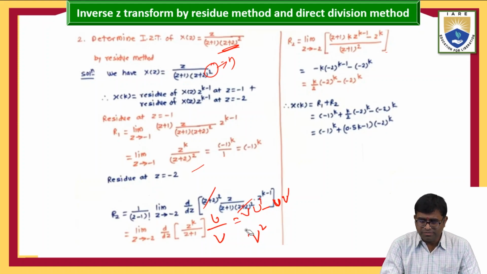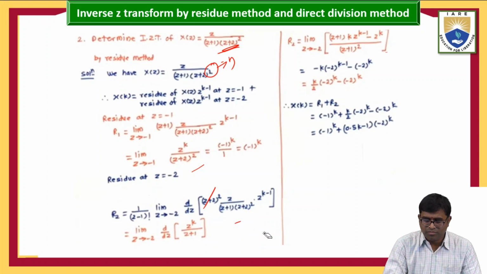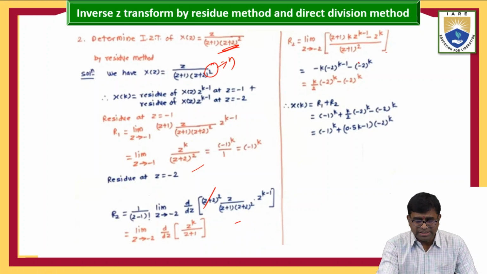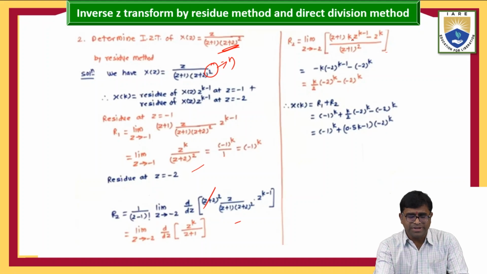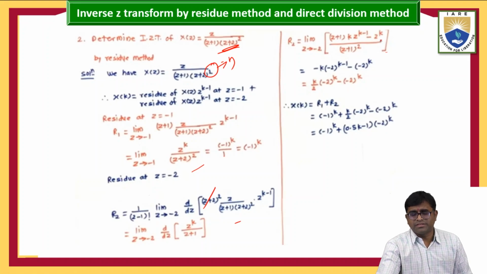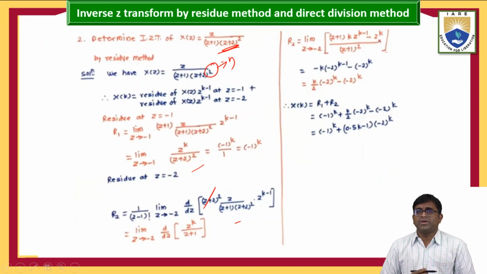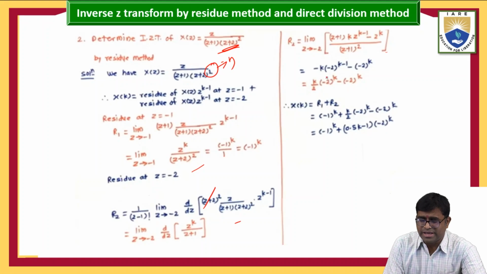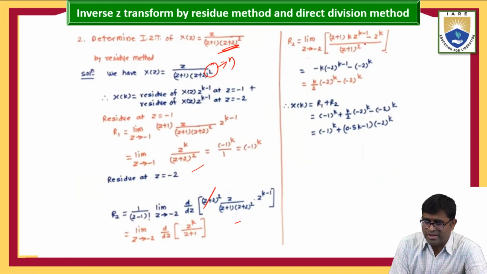So go for this one: (z+1) whole square into (z+1) into the derivative k z^(k-1), minus the constant (z+1) times z^k. Substituting these values, limit z tends to minus 2, we get the expression for this one.